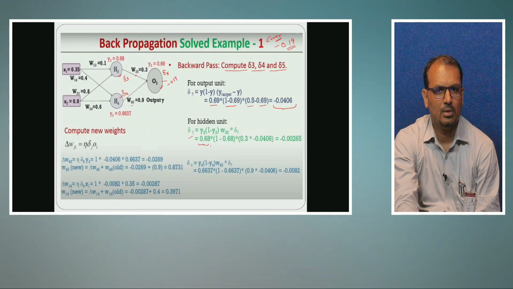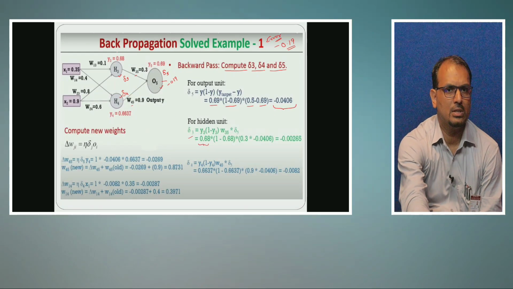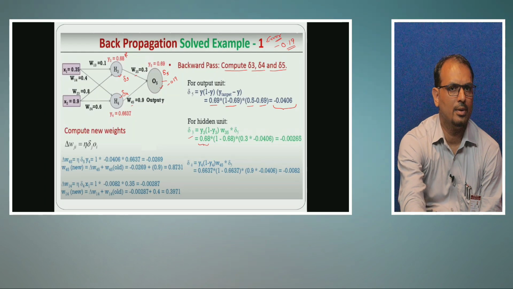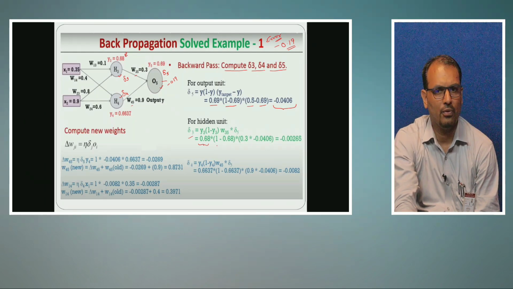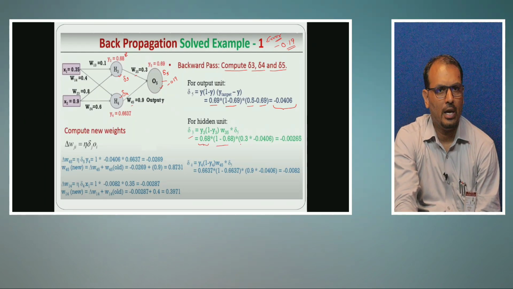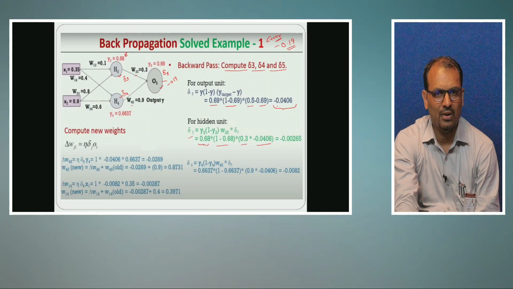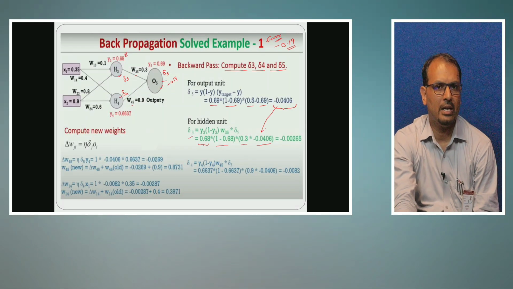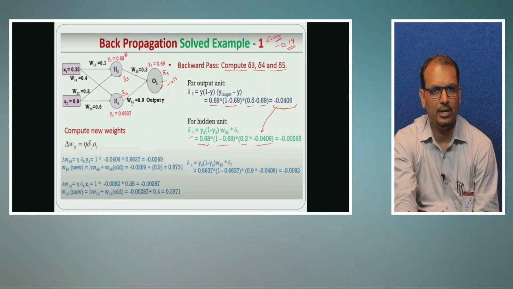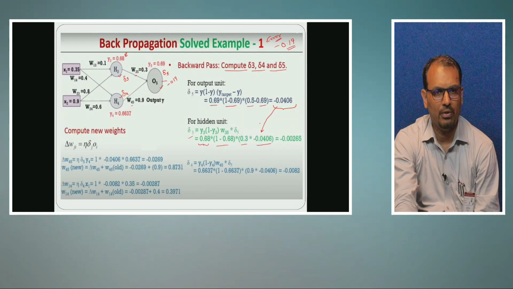0.68. Y3 we know, it was already calculated during the feed forward neural network, 1 minus 0.68, and w35, we know the weight value is 0.3, and delta 5 we just calculated. Only delta 5 is going to contribute here, because that error is going to be divided into two parts, w35 and w45.